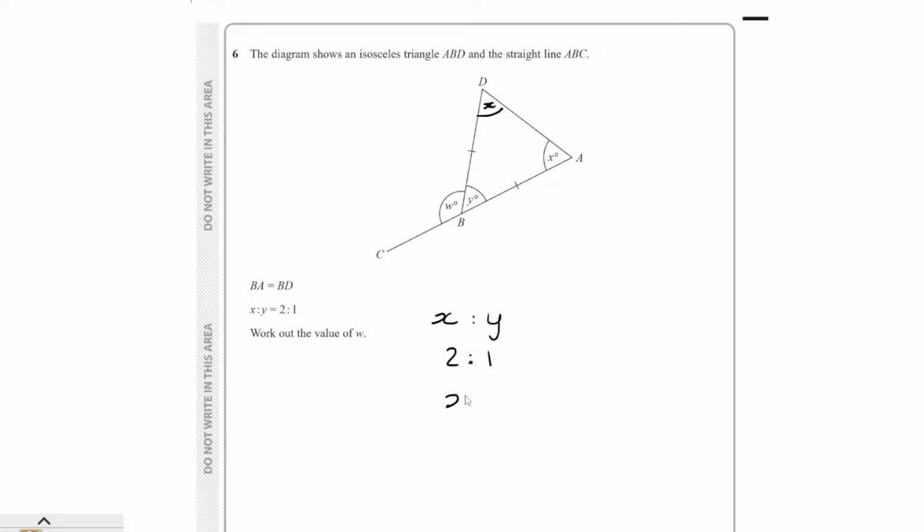Is what we're saying. So if that's X, and in terms of X, this would be a half X, wouldn't it? That's one way of doing it.